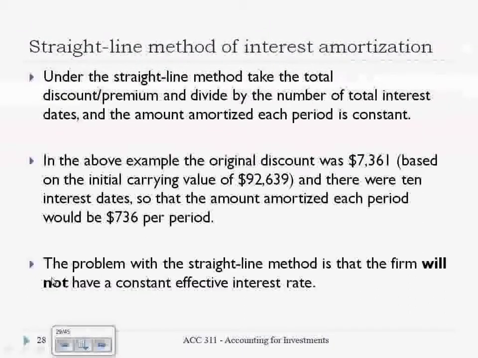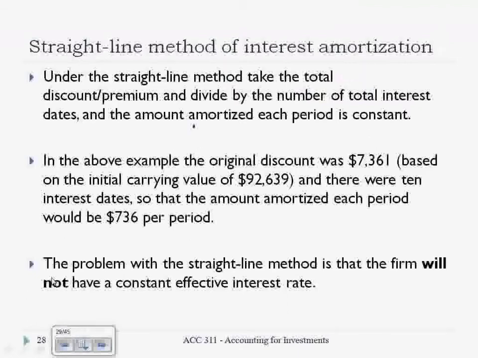And what we do under this method is we take the total number of interest dates, and we take the total of the discount or premium and divide by the total number of interest dates. And so that's going to give you the amount amortized each period. So let's go back to the example of the original discount.